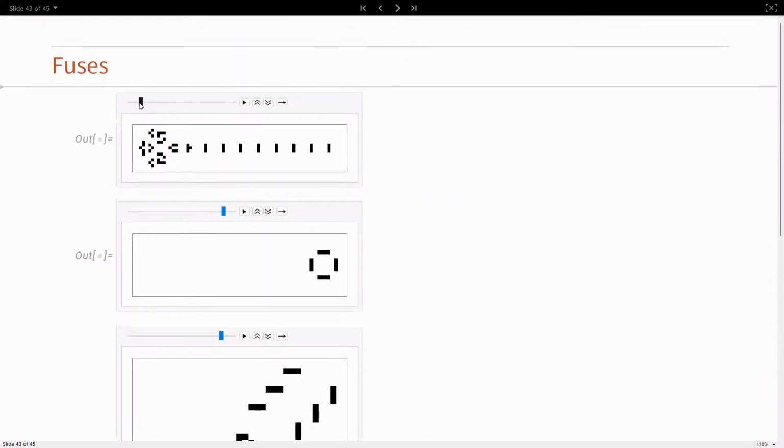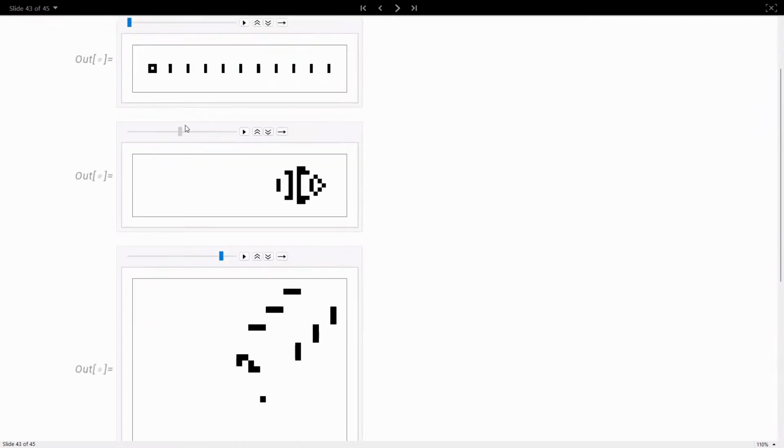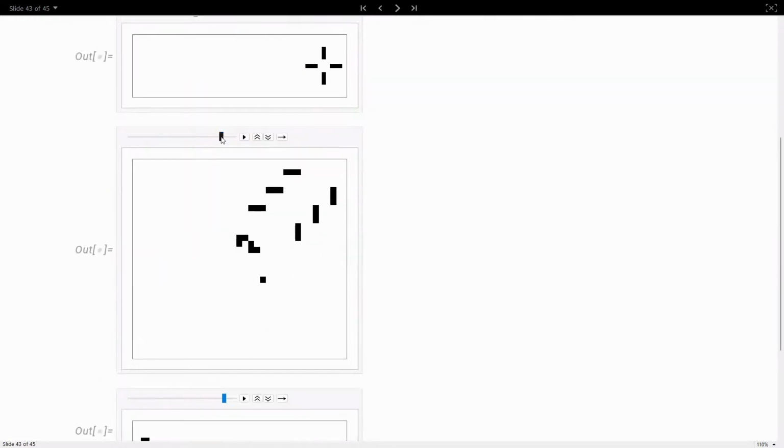One other concept that isn't as well understood is the concept of fuses. So here's some various fuses here. Here we have an object eating a bunch of blinkers. Here's another set of blinkers which has a different speed of fuse.